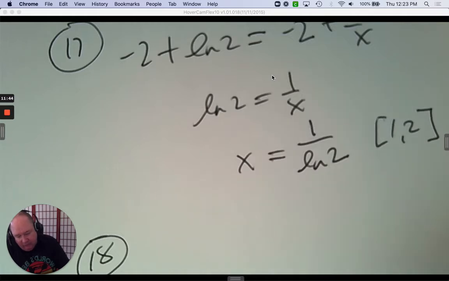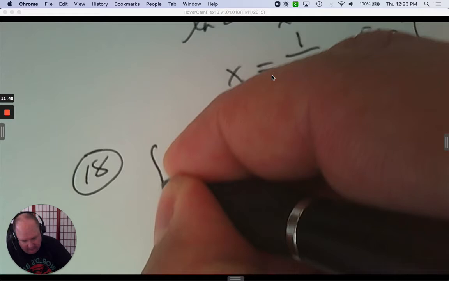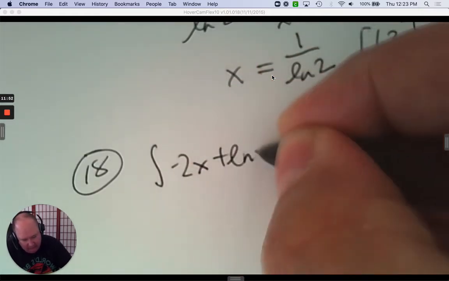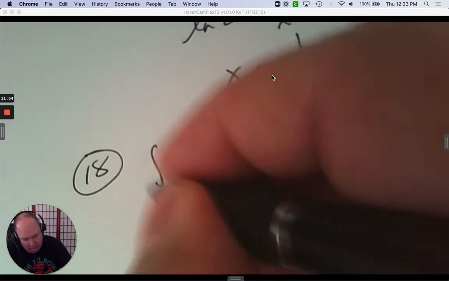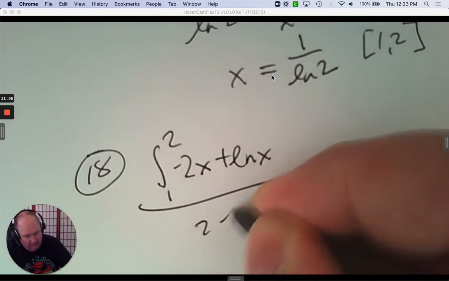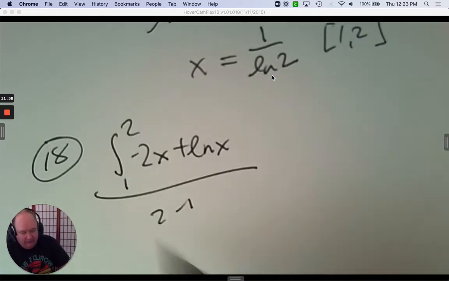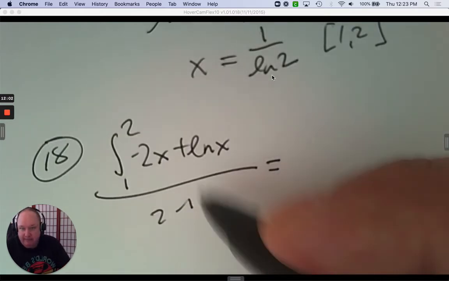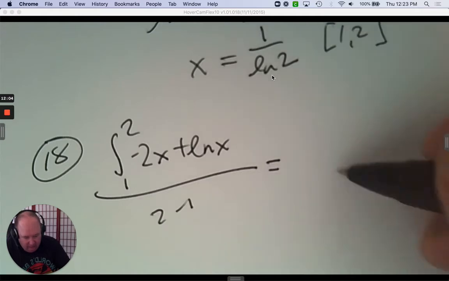Find the average value. So the words average value mean we're going to integrate the function. So we're going to integrate negative 2x plus ln x from 1 to 2, and then divide by the difference in the bounds. So 2 subtract 1, that's divided by 1. So I just need to do the antiderivative.